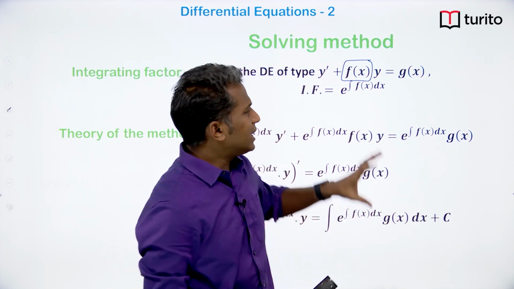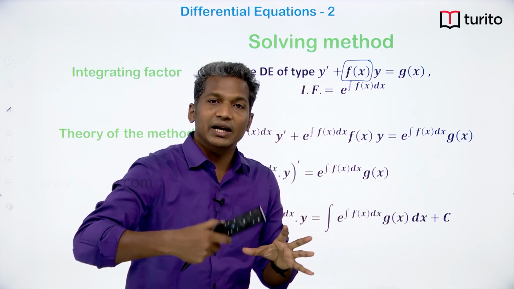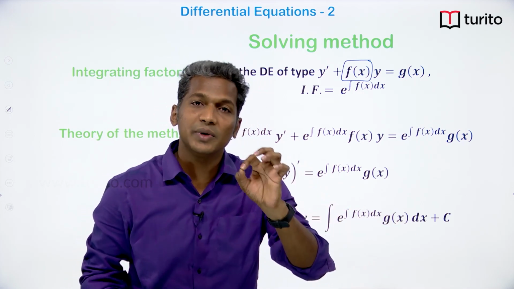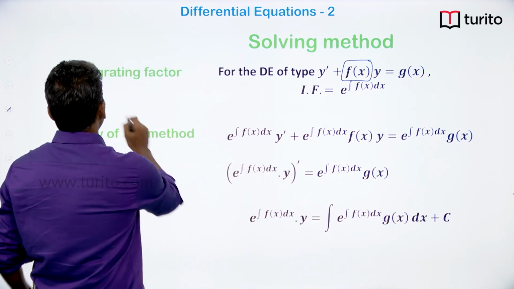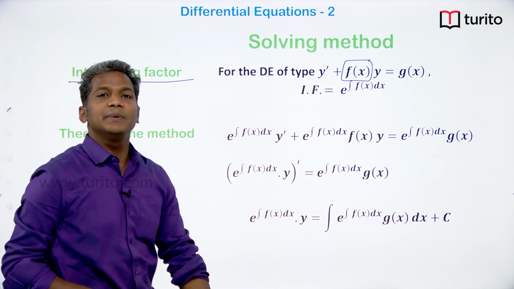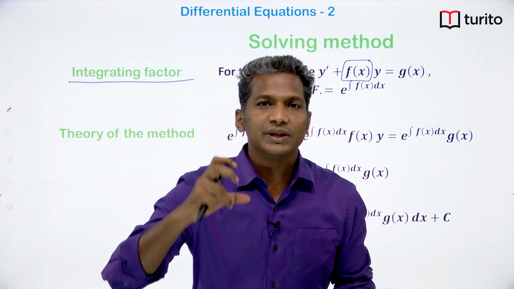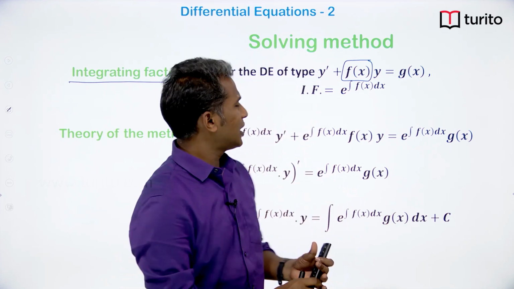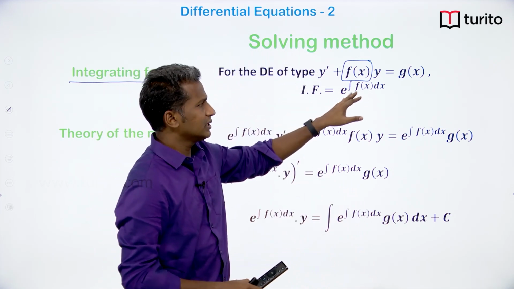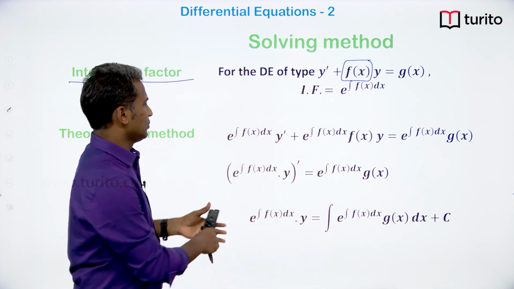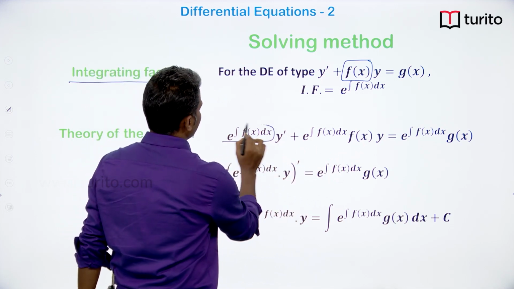But integrating factor means just what the name says. In mathematics, most of the theory is in the name itself. Integrating factor means that to integrate, we have to multiply the entire equation with this factor. So now if you notice, this is our integrating factor.